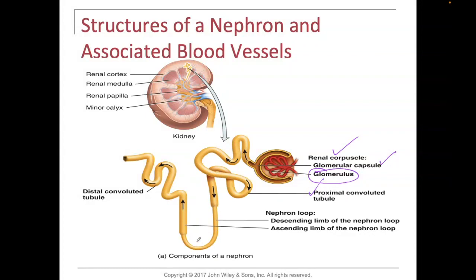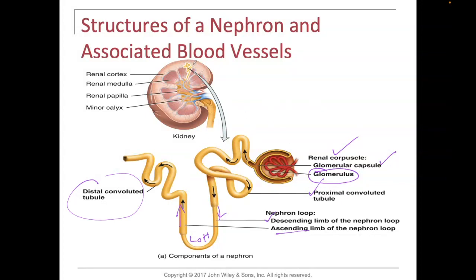And we have this loop, right? This is the loop of Henle, but since it's coming down in this direction, that's the descending limb. Here's the loop of Henle. Then it comes up, so we have the ascending limb of the loop of Henle. And then it gets convoluted again, that's your distal convoluted tubule. So this is what we have in here.